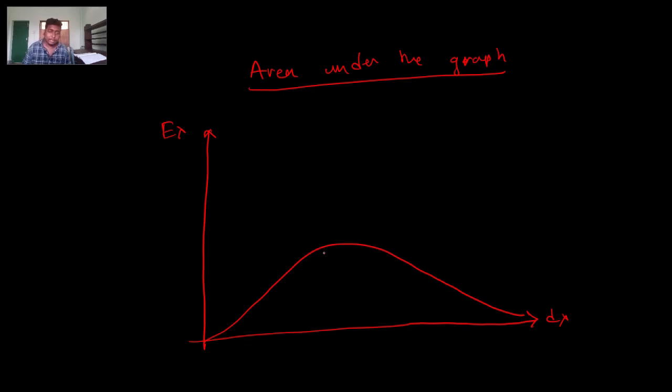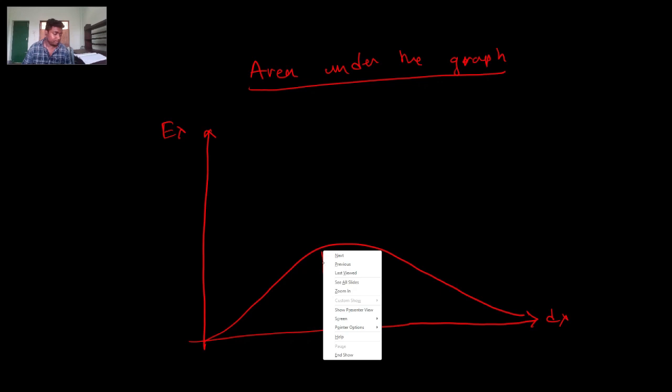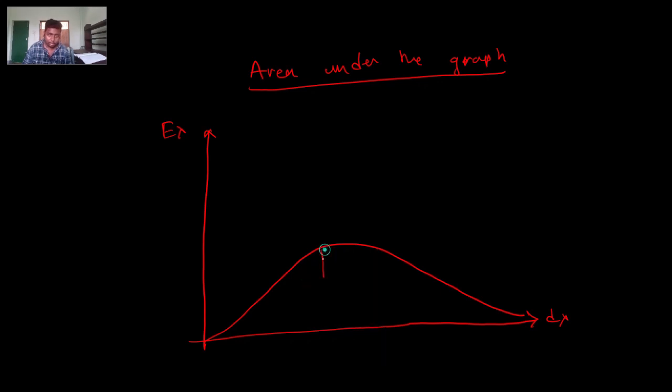Now, as I told, what is the energy density in the range of lambda to lambda plus d lambda at some finite temperature equal to T1?